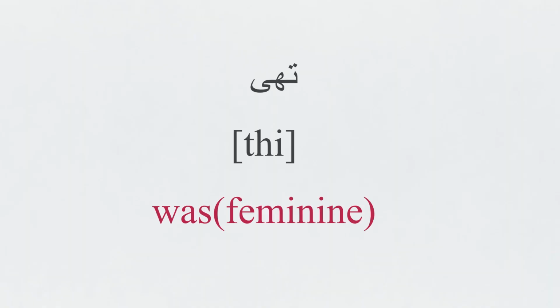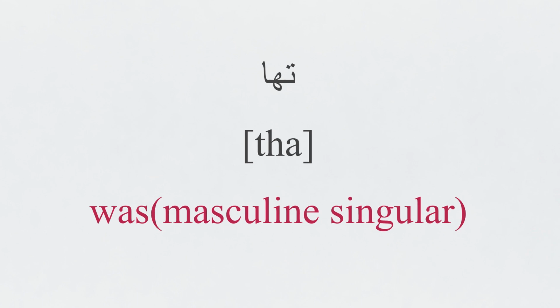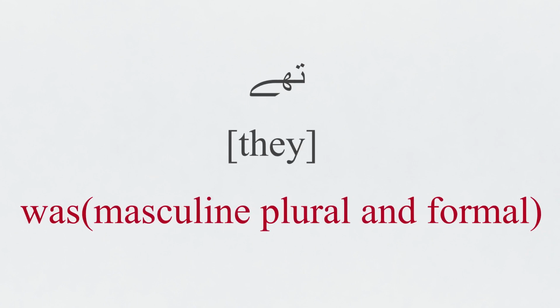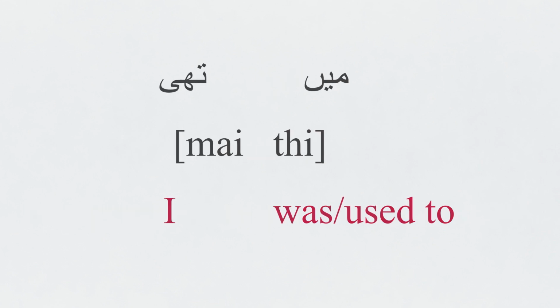I used to do. So the past tense form is thi, tha and the. मैं थी, मैं था, I was or I used to.